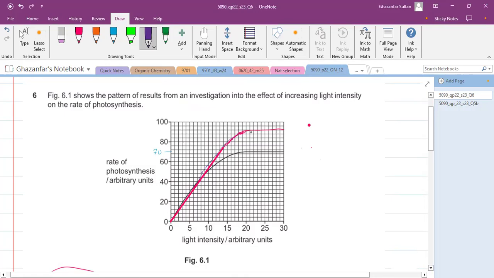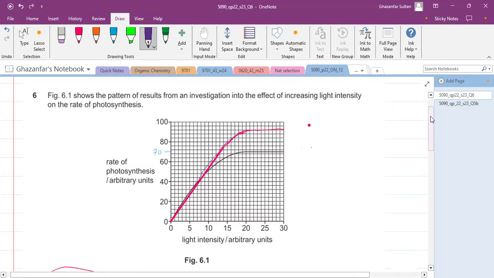So, 3 important points. Number 1, up to 5, you must lie on the same line. Your graph line must lie on the same line that was already drawn by the paper. And secondly, from 19 you should make it horizontal.